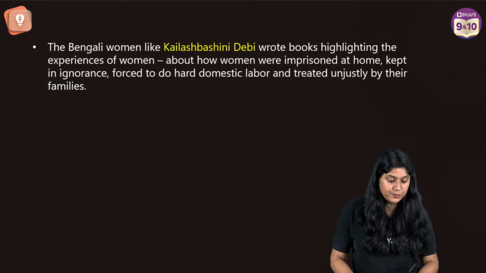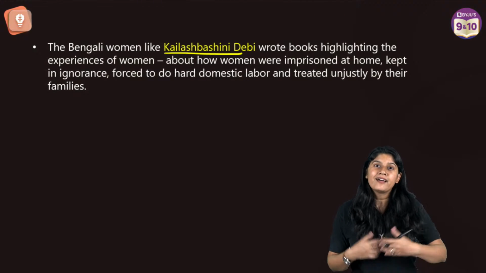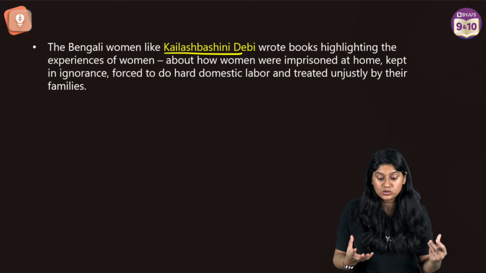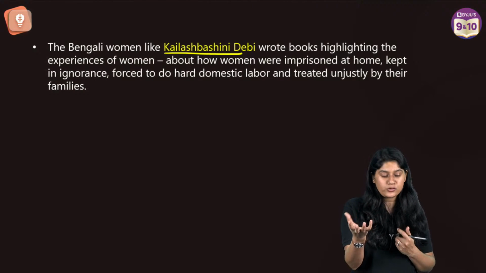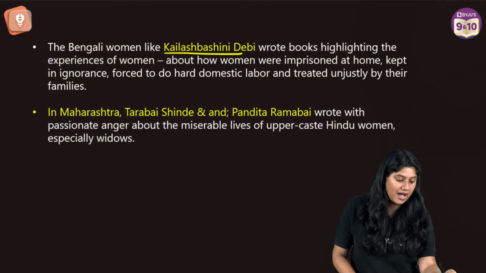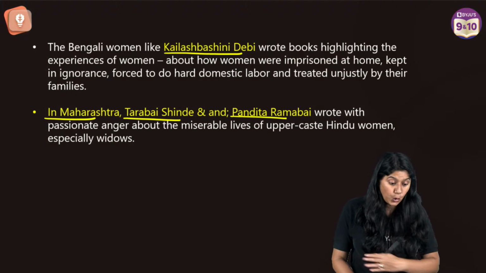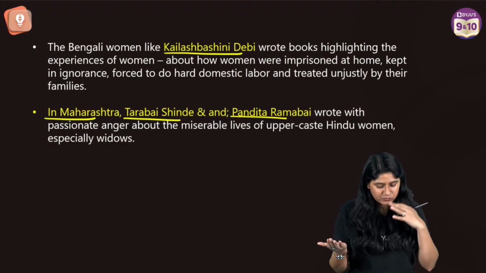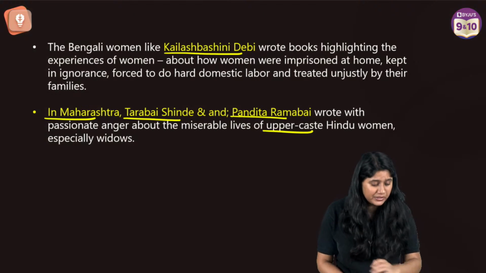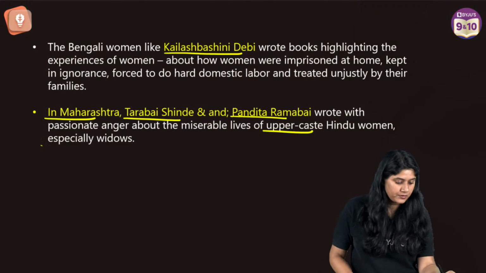Another example is Kailash Bashini Devi, who wrote about the injustice done to women and the load they had to share in the household. In Maharashtra, we have Tarabai Shinde and Pandita Ramabai, who wrote about the status of upper-caste women and the lives of widows.